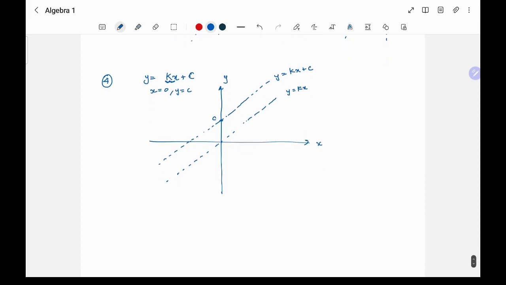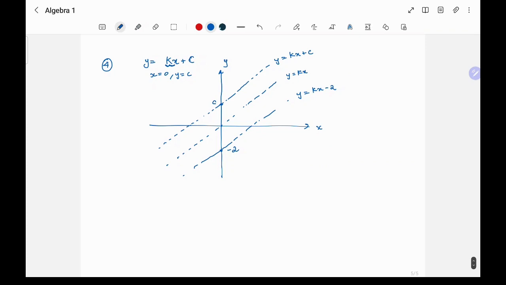If c is a negative number, then we'll have it here. So this will be y equal to kx plus c. For example, if it is minus 2, it will be passing through minus 2. So if you see, this is intersecting the x-axis at some point. What do you think that point will be? How do you find this point?